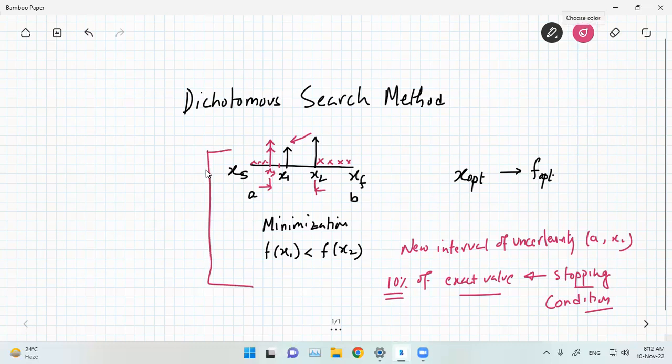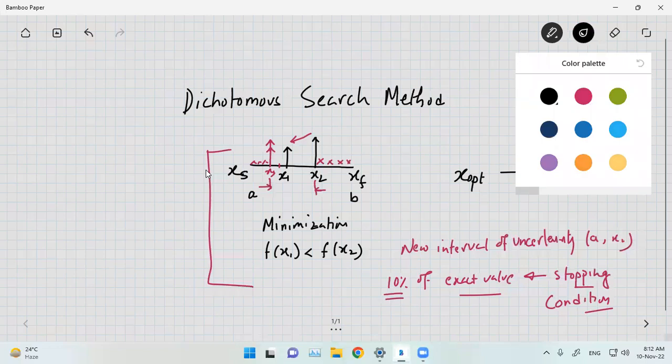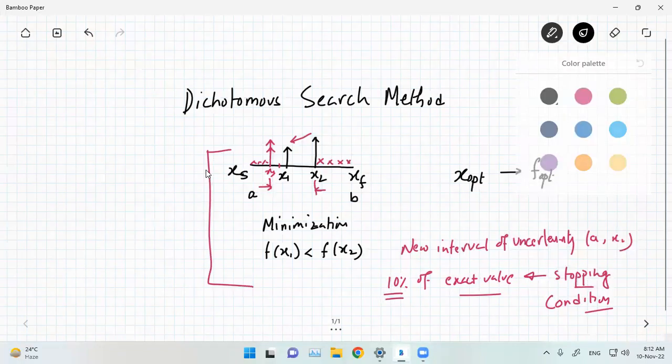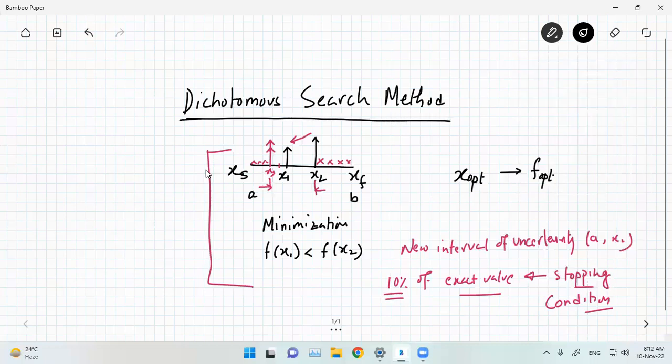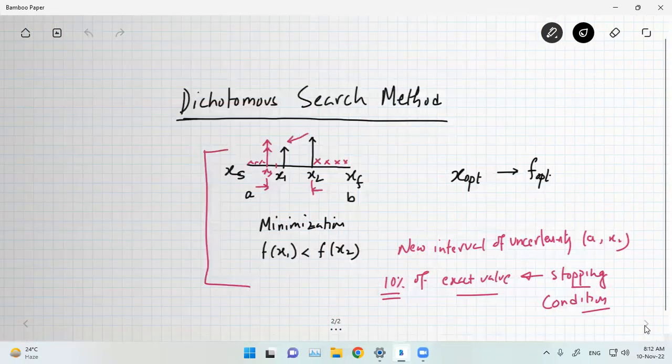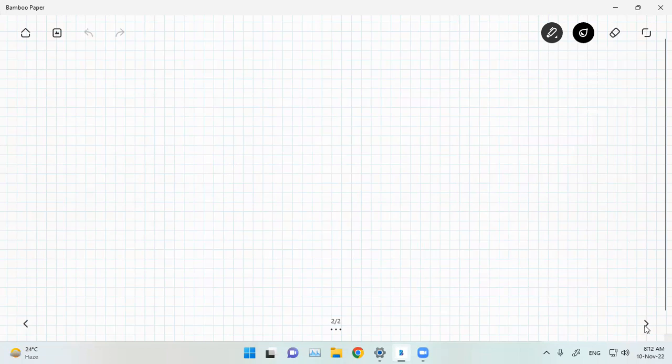Now we'll discuss the scenario with our dichotomous search method. The method is very simple. The interval of uncertainty is starting from XS to XF. We take the half at the middle of it, and then a very, very small interval is also taken.